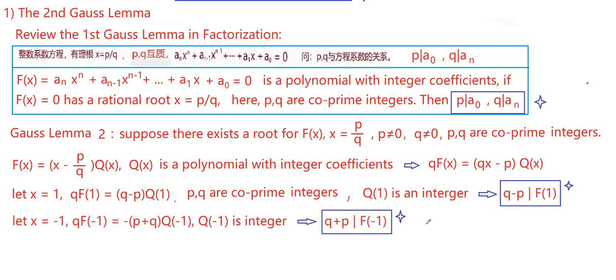These two conclusions are called Gauss lemma 2 or Gauss lemma extension. In the last lecture, we introduced Gauss lemma 1. So in real polynomial factorization, we can use all of them together to narrow down the result.